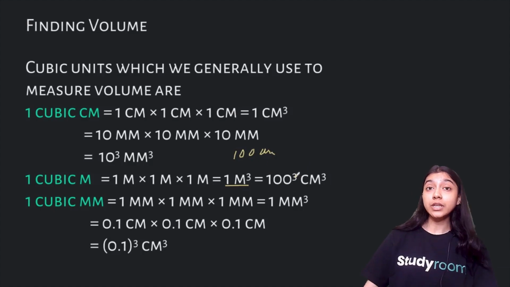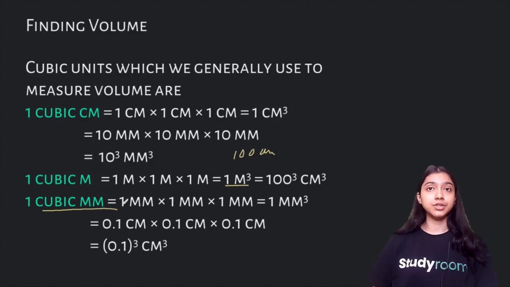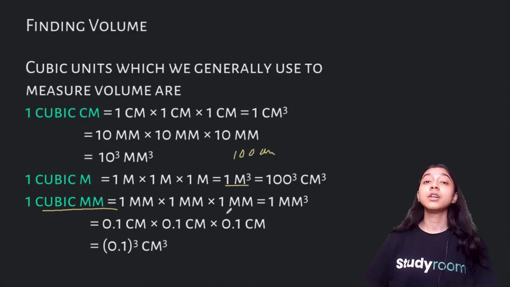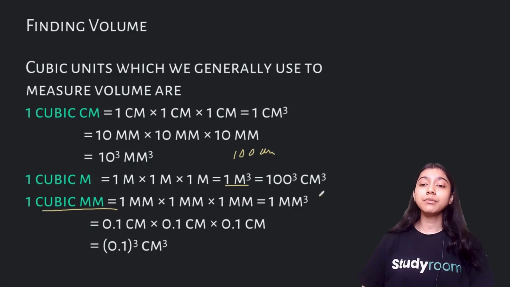The next generally used cubic unit is 1 cubic millimeter. Now, 1 cubic millimeter can be written as 1 millimeter multiplied with 1 millimeter multiplied with 1 millimeter. That gives us 1 millimeter cube. Now, we also know that millimeter can be converted into centimeter. How? We know that 1 millimeter is basically equal to 0.1 centimeters.